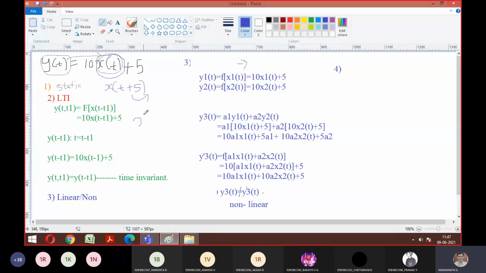If the question is x of t minus 5, see, I am writing inside the bracket. So this is different from the thing which is outside the bracket, plus 5. So if it is written as x of t minus 5, then what's the answer, guys?